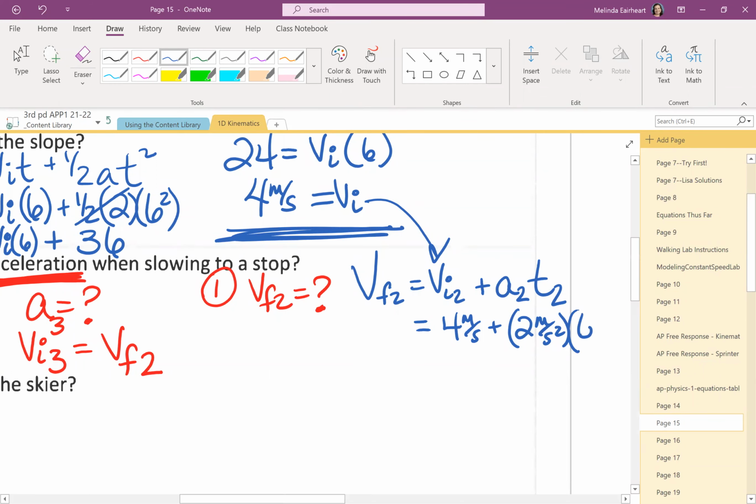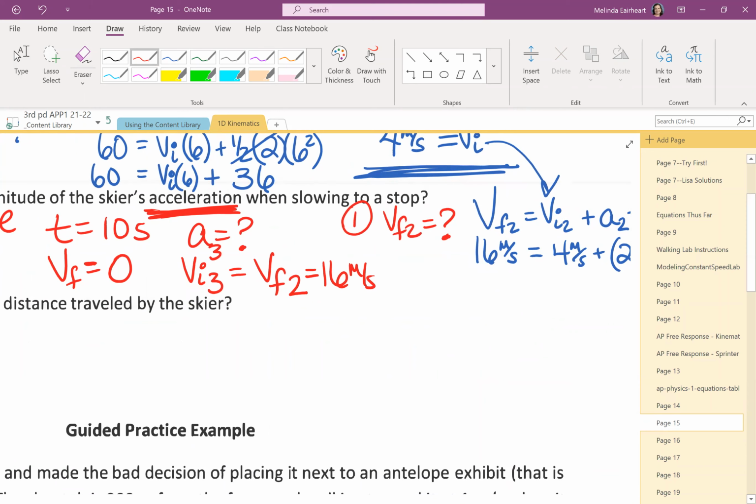So I'll switch back to red. Oops. And so now we know the initial is 16 meters per second. And by the way, we got a positive. I had defined our positive direction as forward. Even when you go down the slope, the hill, forward is positive. And so now we should have enough, using the third interval information.